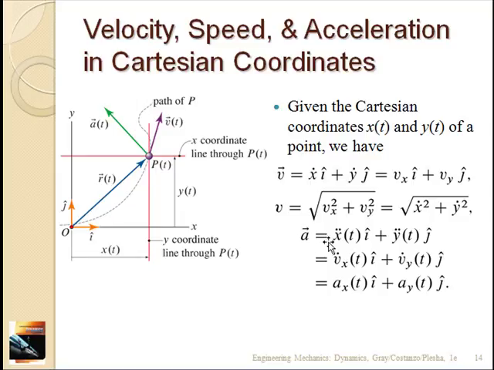The acceleration is x double dot times the unit vector in the x direction plus y double dot times the unit vector in the y direction, which is vx dot times i hat plus vy dot times j hat, or ax times i hat plus ay times j hat. So it's the acceleration in the x direction times the unit vector in the x direction plus the acceleration in the y direction times the unit vector in the y direction.